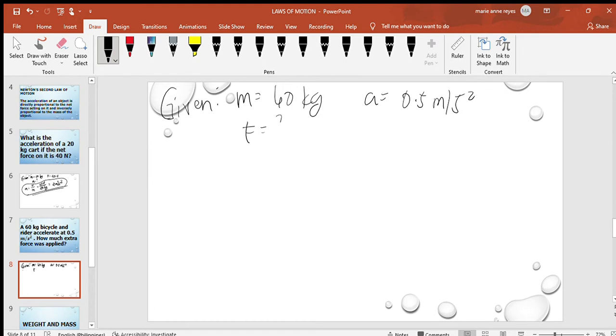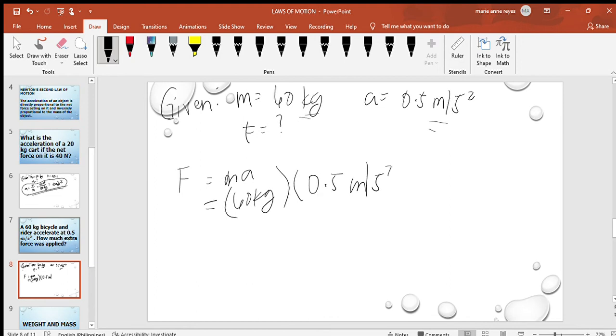Okay, nasabi naman na kanina, na-derive naman na natin si force. Paano kunin si force? We have F is equal to ma. Nasa SI unit naman na sila. So, all you need to do, again, is to substitute all the givens in the problem. Mass is 60 kilogram and the acceleration is 0.5 meter per second squared.